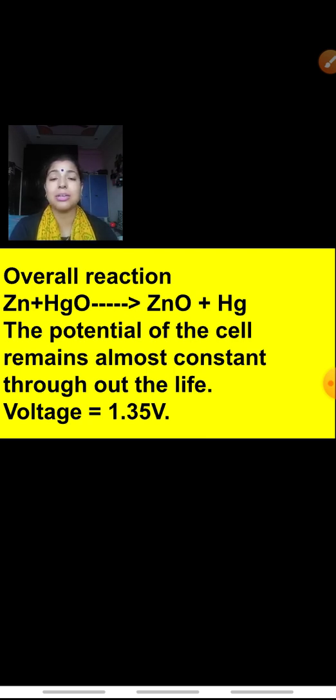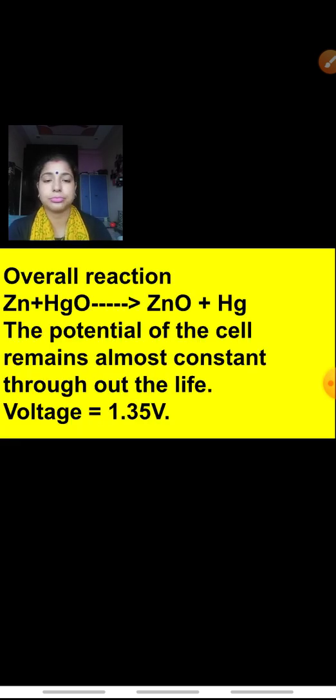Now why does it remain constant throughout the life? Because you all can see there's no ion involved in the overall chemical reaction. If no ion is involved, that means the concentration does not change. As no ion is involved, the voltage produced is constant.